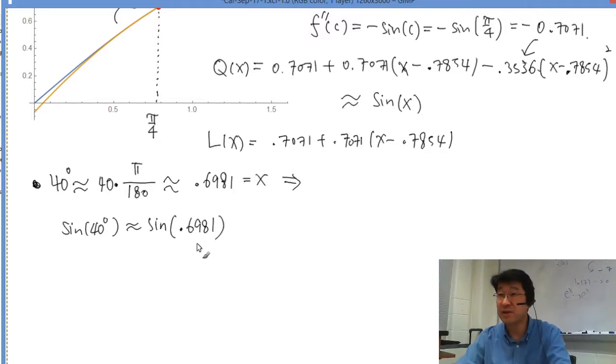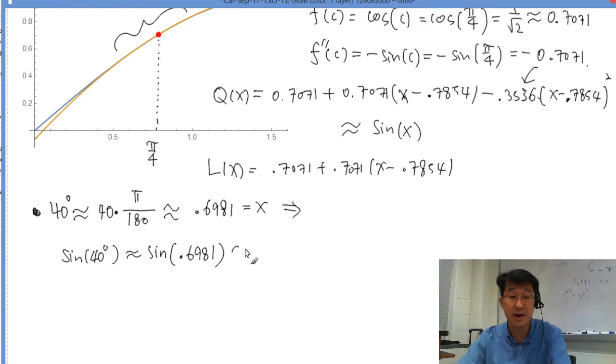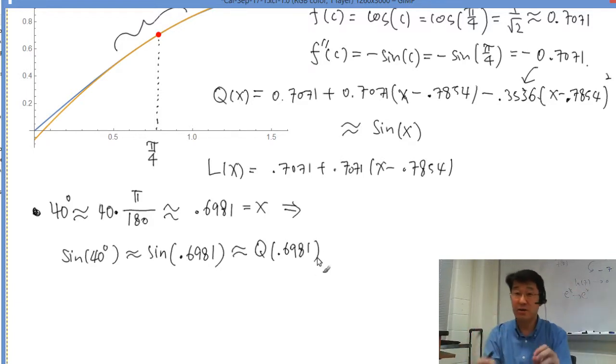But sine of this thing, which is very close to c, which is 0.7854, can be replaced by Q of 0.6981. Do not try to learn the pattern. See what I write and what I go by, the formula. You write this one down, you use this formula correctly.